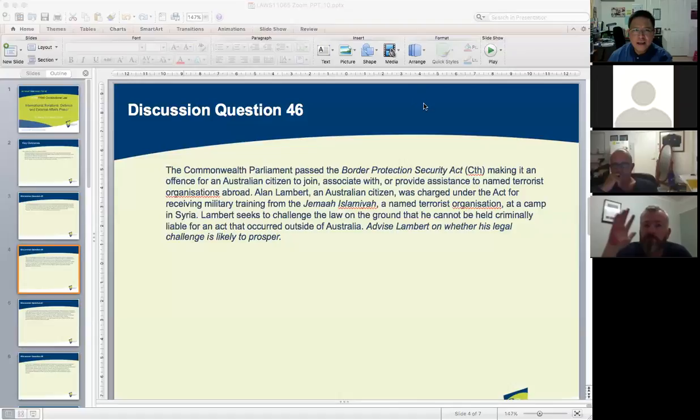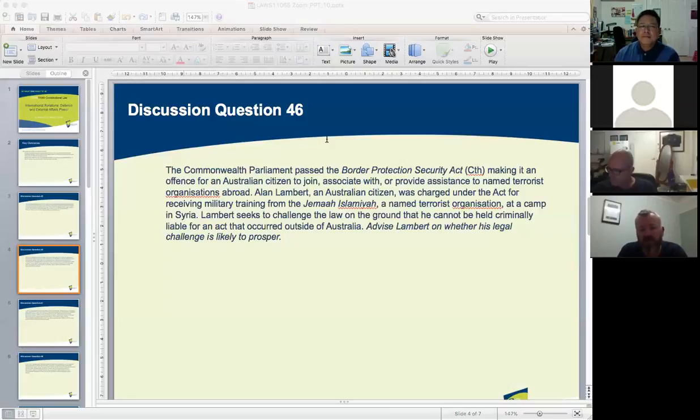Did I see Scott's hand being raised? Yes, Scott. Yes, Manjo, I think you probably have to cite the external affairs power as well, in Polyukhovich v Commonwealth, where they found that it was constitutional for Australia to legislate on matters that were external to Australia in regards to war crimes committed in Europe.